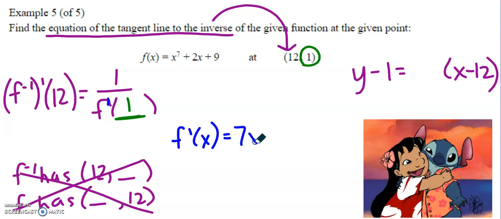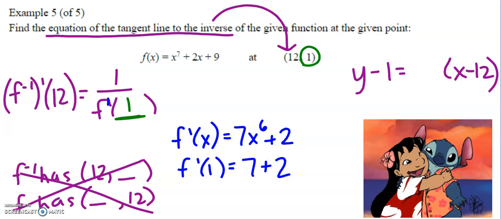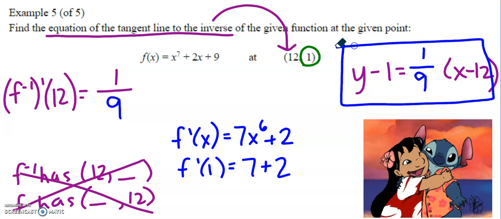F prime of x is 7x to the 6th plus 2. So f prime of 1 is going to equal 7 plus 2, which is 9, which means that my slope on the original was 9, so my slope on the inverse is 1/9. That reciprocal 1 over m slope, there's our equation of the tangent line.